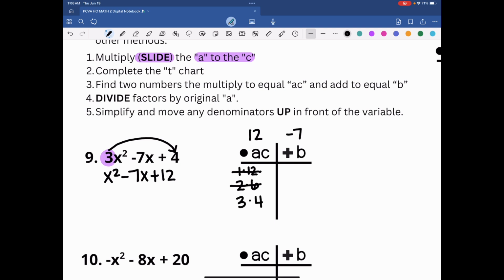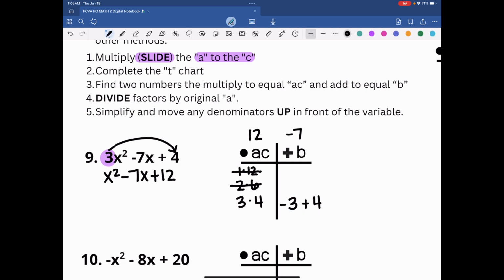Now 3 and 4 have that possibility as long as I can manipulate the numbers a little bit by making one or both of them negative. In order to add 3 and 4 to get negative 7, I would need to make both of them negative. So I would need to make this a negative 3, and I would need to make that a negative 4.